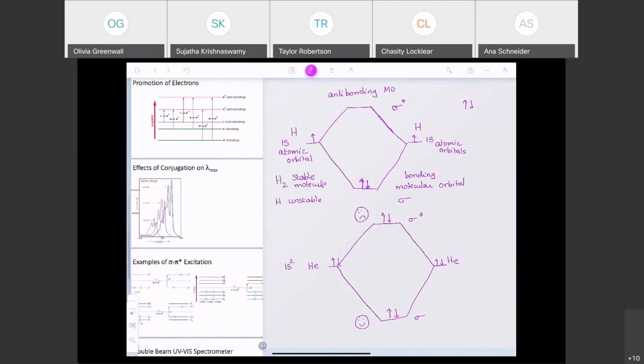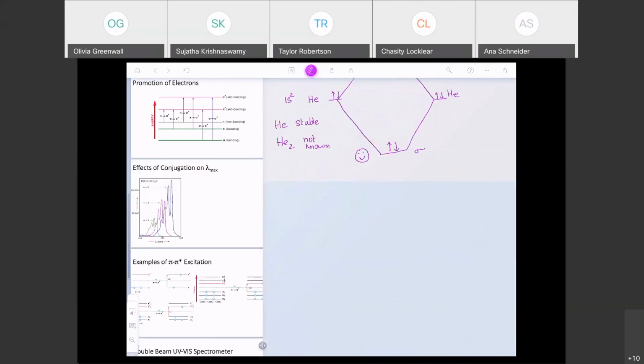These 2 are not. So helium says, out of 4 electrons, 2 are happy, the other 2 are not, so I'd rather not combine with another helium atom. That's why monoatomic helium is stable. This is not even known. This is unstable. So molecular orbital theory can clearly explain to us why bonding occurs and why certain types of bonds do not occur.